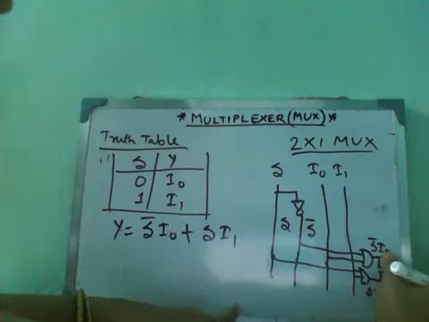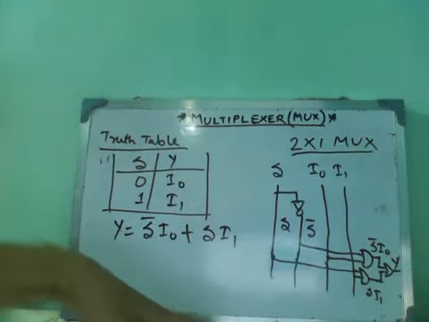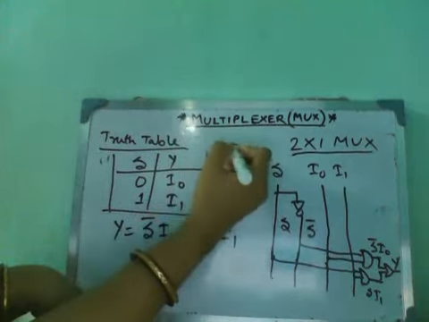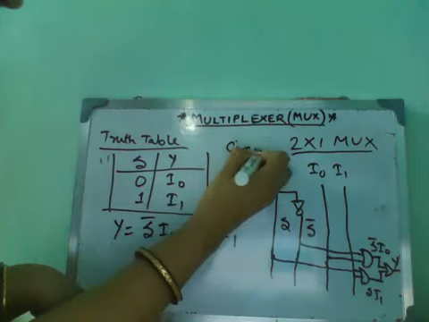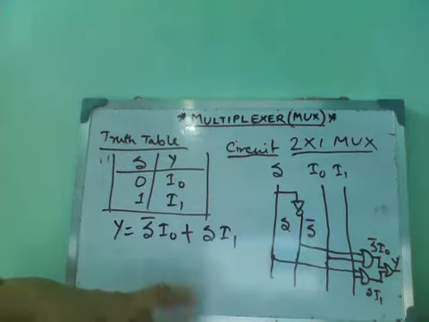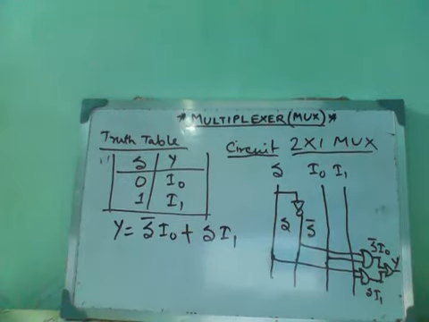By OR gate we find the value of Y. So this is the circuit of 2 to 1 MUX, which is very simple.